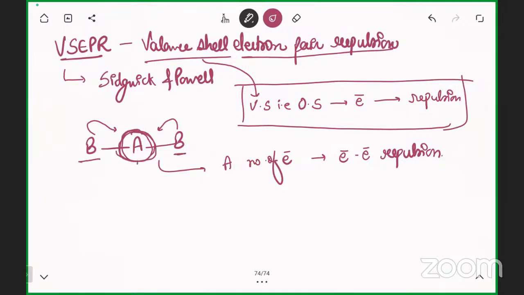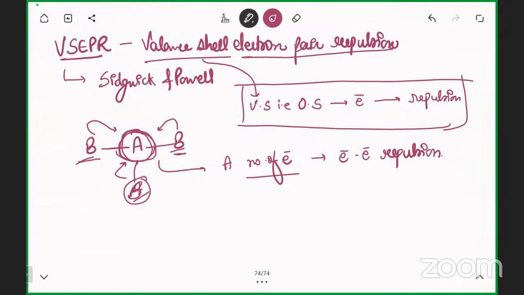Let's take one more atom, B. If the number of electrons is more, the electrons will tend to repel each other. Why do electrons repel? Because they are negatively charged. So there is a repulsion.